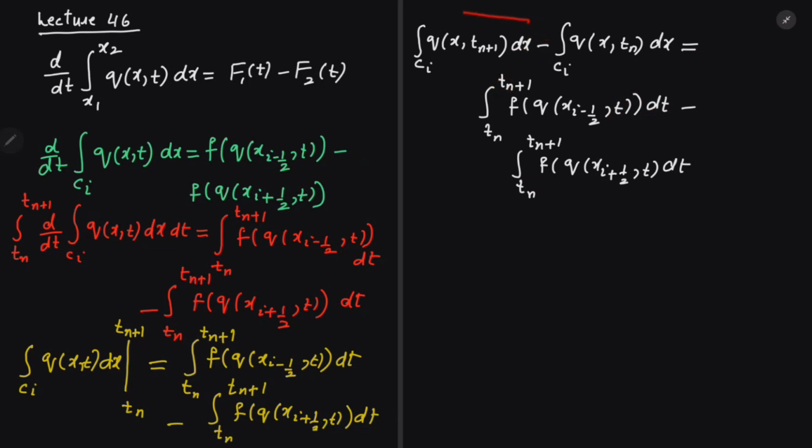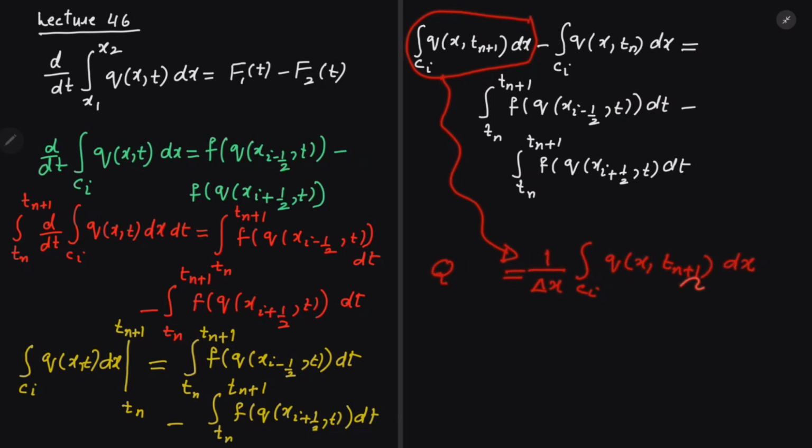Now on the left hand side, you can see that we have a definition of Q^n, but this definition is incomplete since delta x is missing. So we can write the integral over cell i of q(x, tn+1) dx. By definition, if there is n+1, that is not a power, but it just says that you are at the n+1 level, and then we have i.